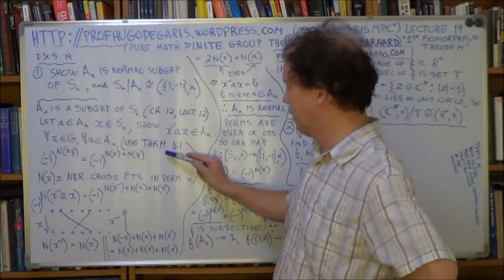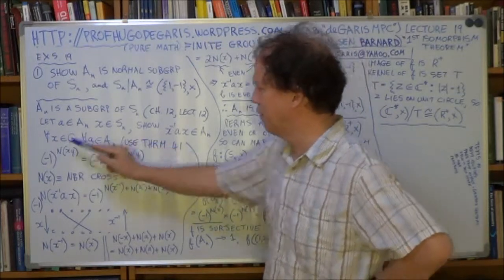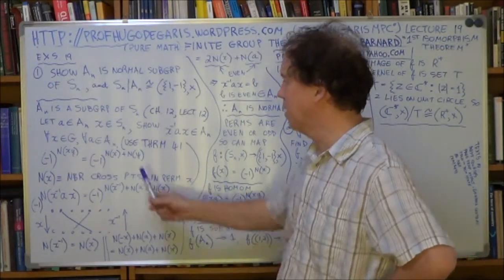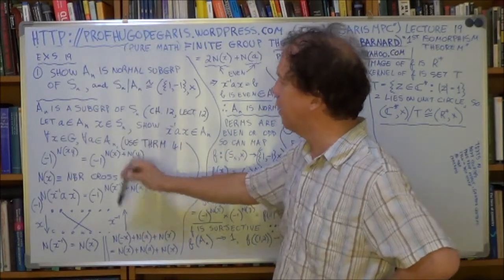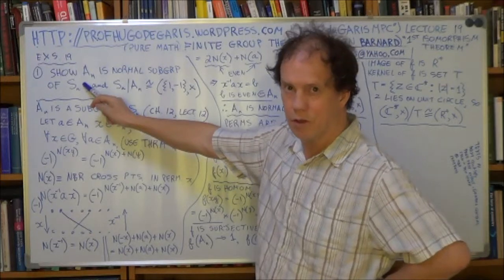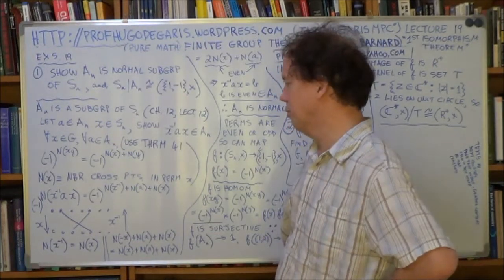So go back, refresh yourself about theorem 41, because it's a very useful technique, and we will use it now to help prove that the alternating group is a normal subgroup.